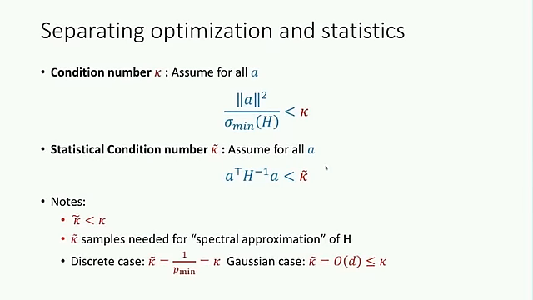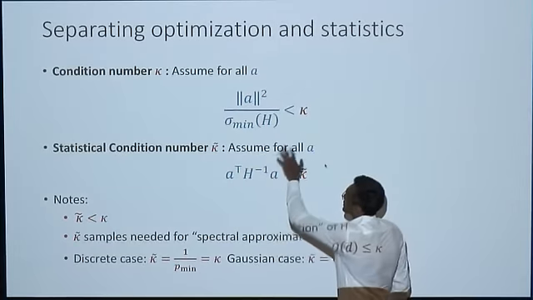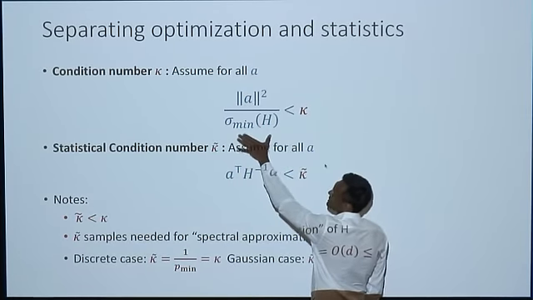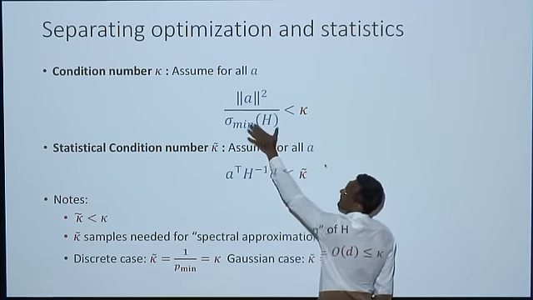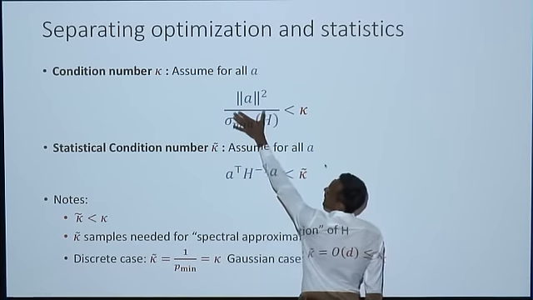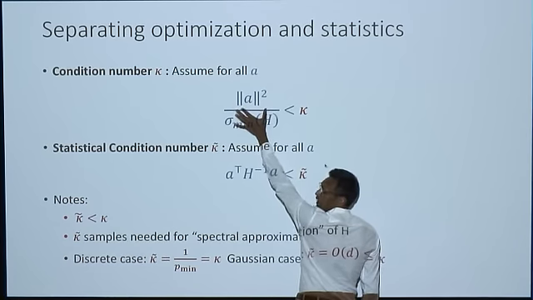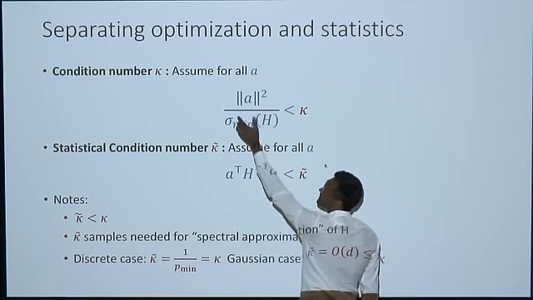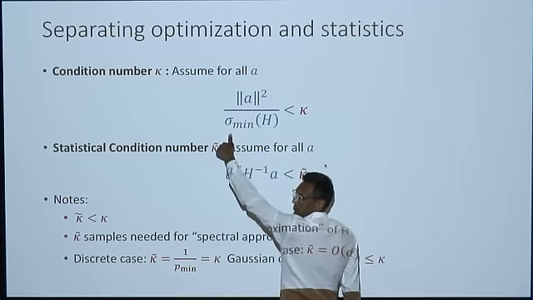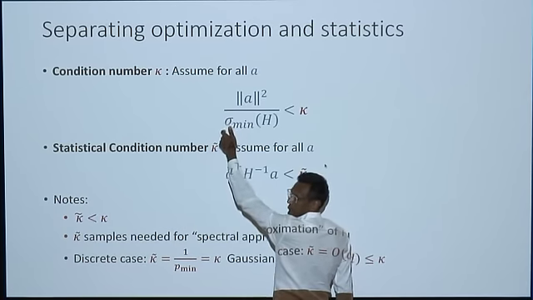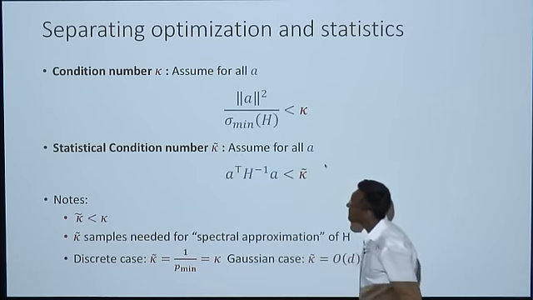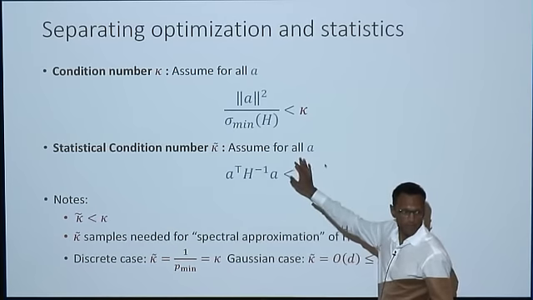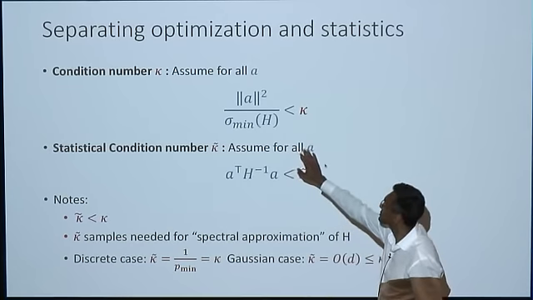So going to your point, the condition number that determines the performance of gradient descent is roughly a bound on how big your vectors are compared to the minimal eigenvalue of that matrix. For Gaussian, it's something like trace over lambda min.